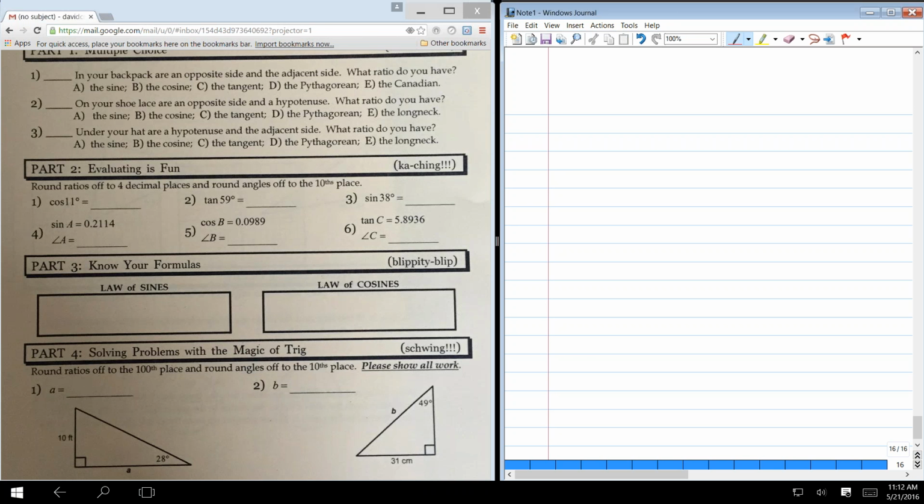Whatever number you type will go inside the parentheses. And you don't put degrees. Just type tangent 59. So I got 1.6643. Okay, good. And then do sine of 38. 0.6157. Okay, good. And solve for angle A in number 4.